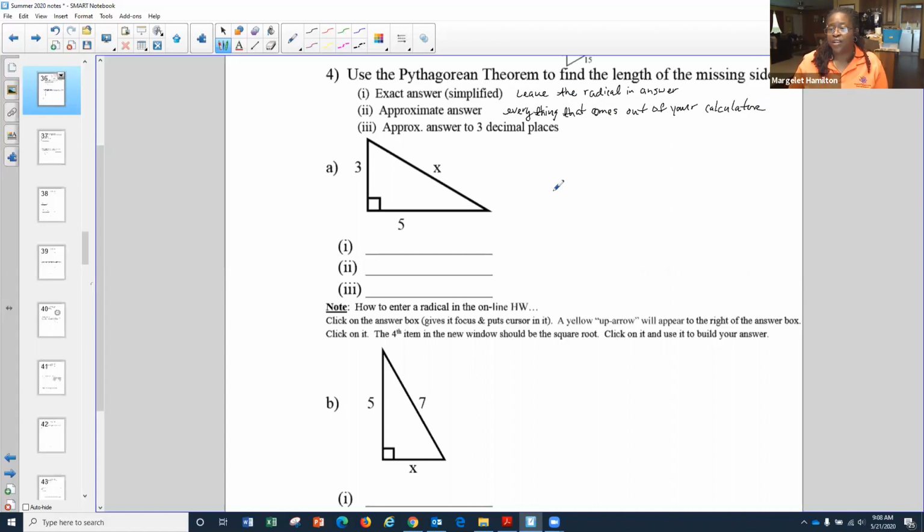And then they want us to approximate our answer to 3 decimal places. So after we get that big long decimal number, we're going to approximate it to 3 decimal places.